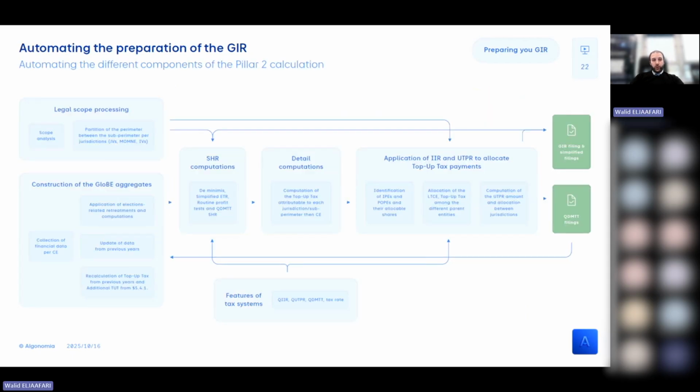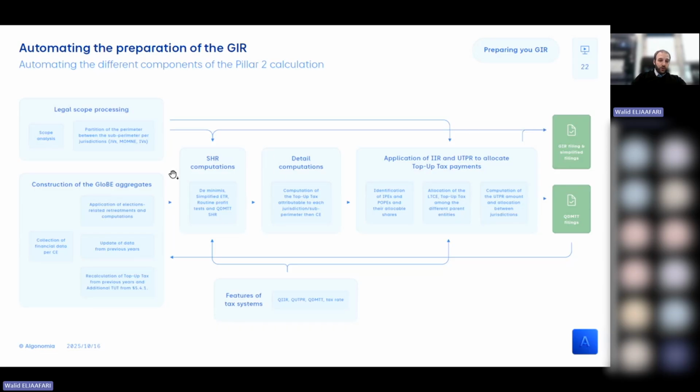Now let's move to the computation component. You all know that the computation can be cumbersome, and our computation algorithm goes through every single one of the computation steps, from the analysis of the scope to the generation of the XML.